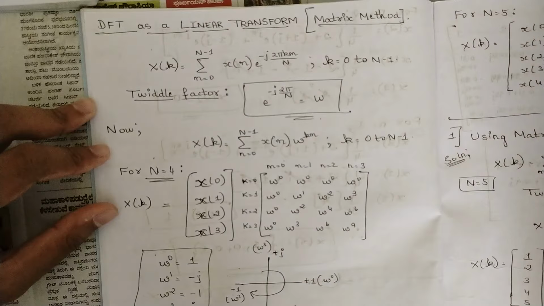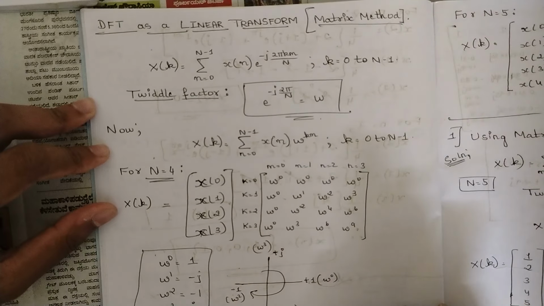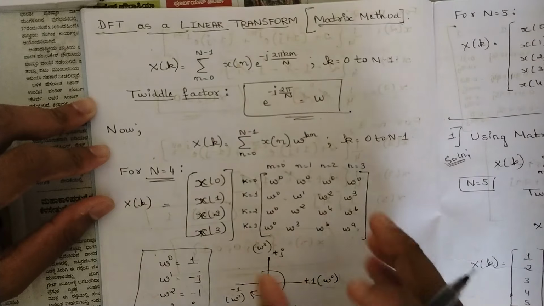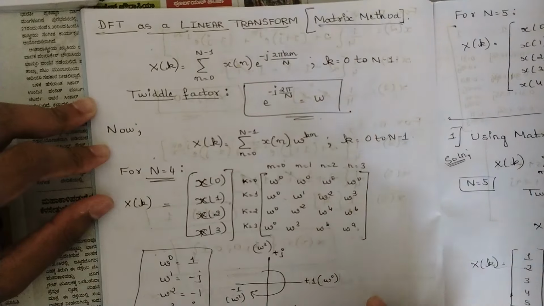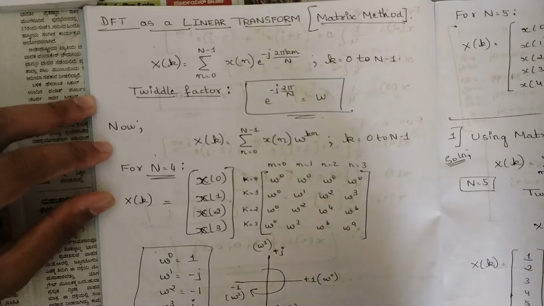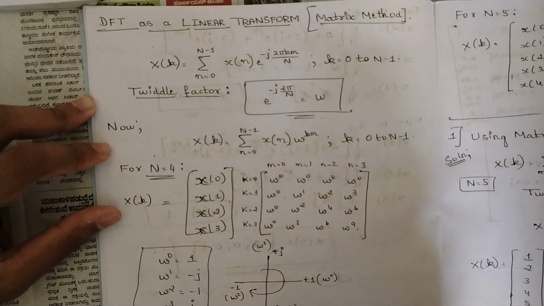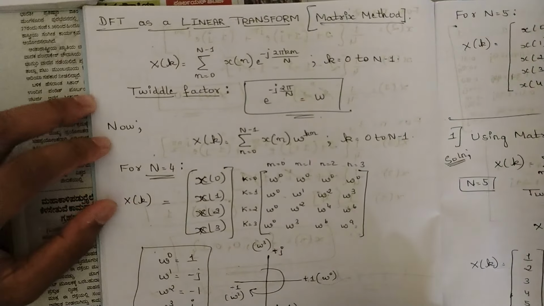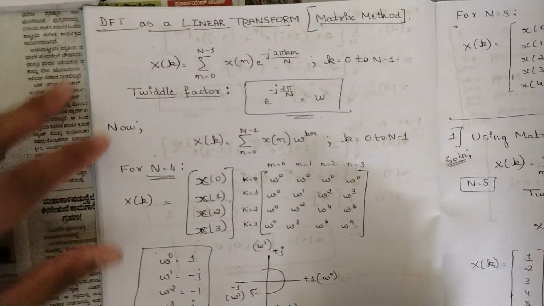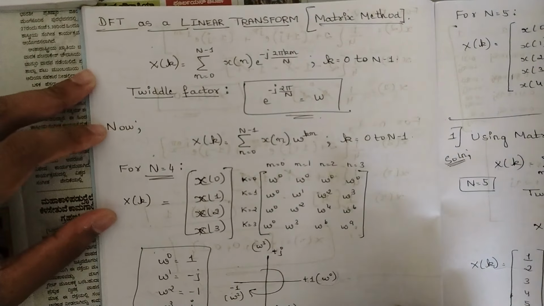In the final exams or in your internals, they would give you a particular sequence and tell you to find the DFT using either the formula method or the matrix method. In both cases we get the same answer, just the method is different. So this is one more method, DFT as a linear transform, or in short, the matrix method.